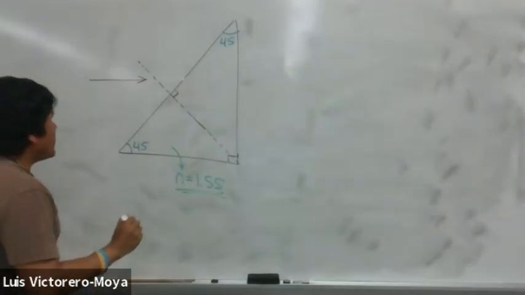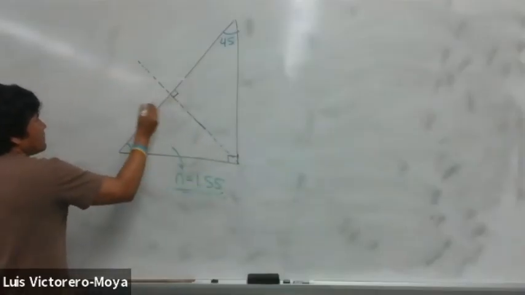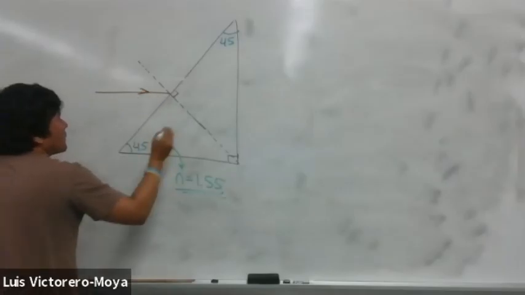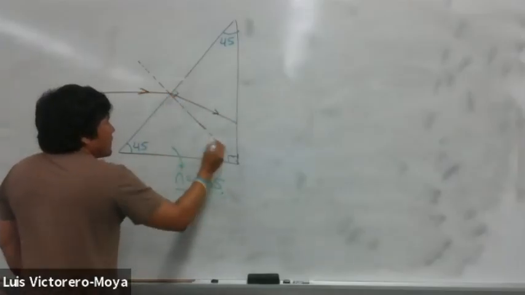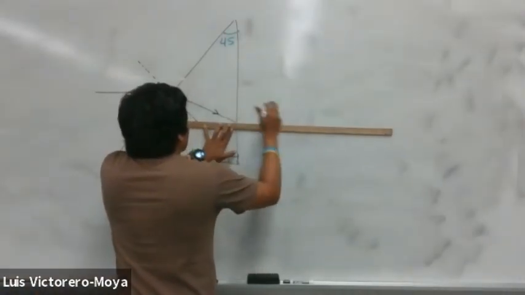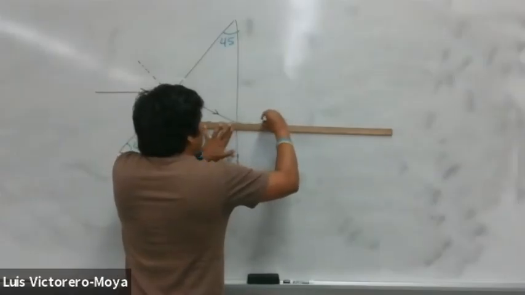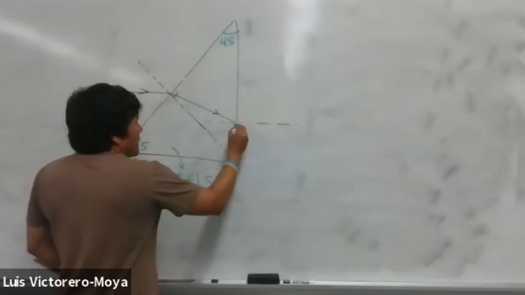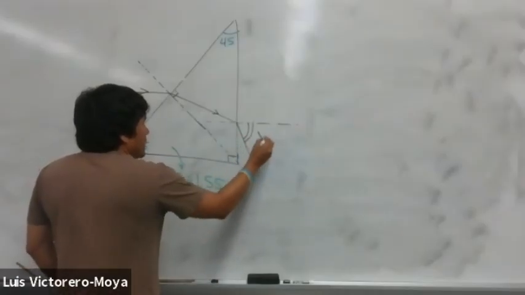Why is that? Can anybody guess why it has to go through the vertex? And then obviously light goes like this, gets refracted, and then the normal here, and then gets refracted away. So they want this x here.